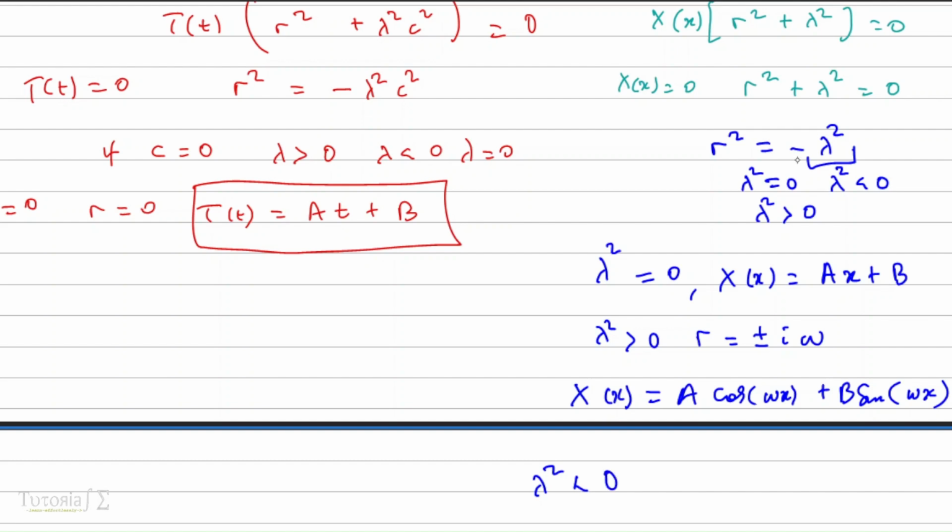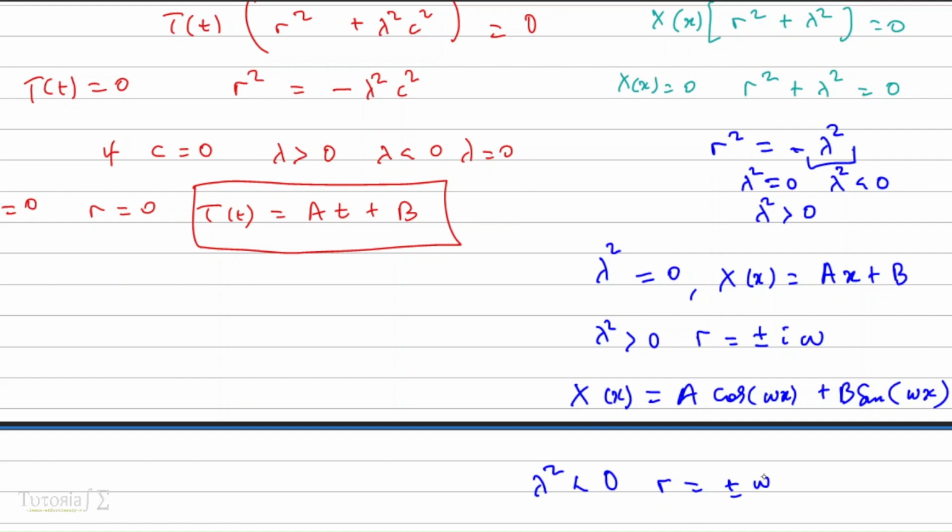Then we also take the case when lambda squared is less than 0. So when it's less than 0, meaning that it's a negative number, and there's this negative outside here, the negative times the negative number will be positive. So r will just be some positive number, plus or minus w.